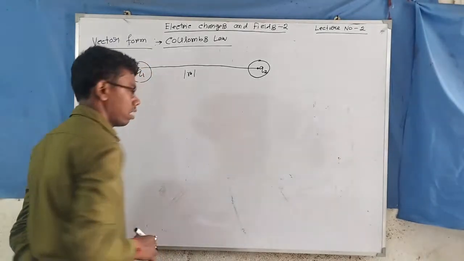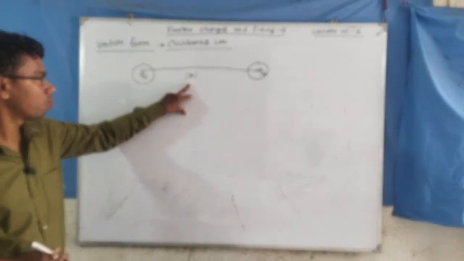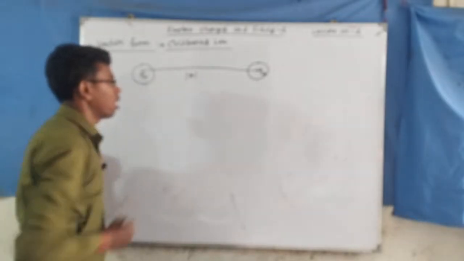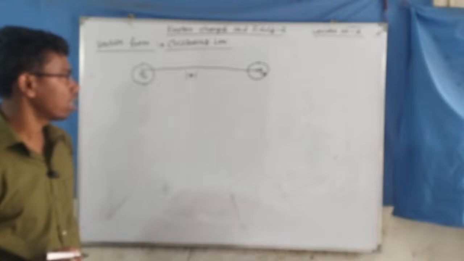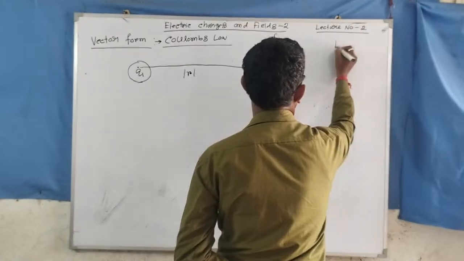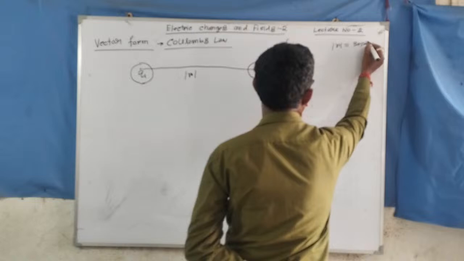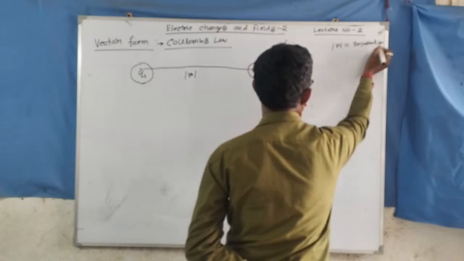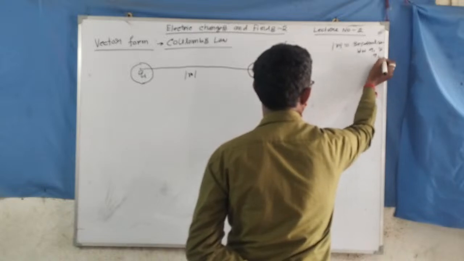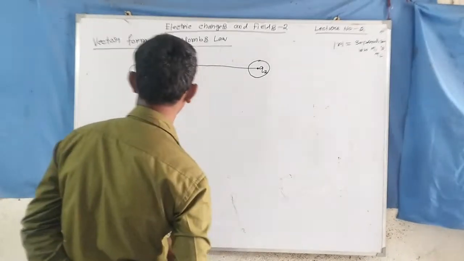R is the distance, the mod value of the separation between the Q1 and Q2 charges.